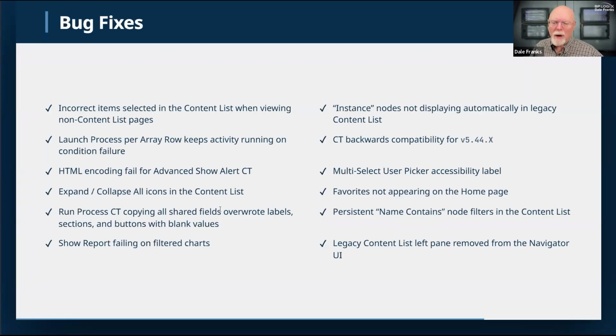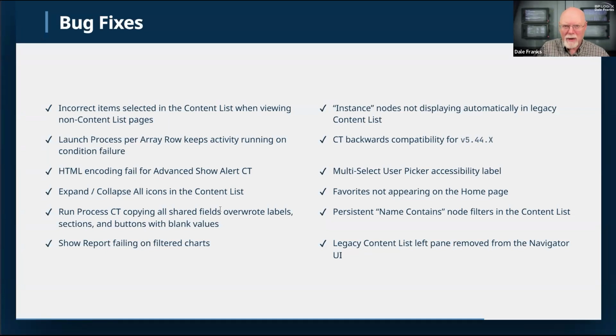I thought there was another one here. Oh, yes, the run process CT. This was a weird one, and it required a relatively unusual configuration to run across it. You had to set it to transfer form field values for all fields that had the same name, and you had to be going from a parent process timeline to a child process timeline.